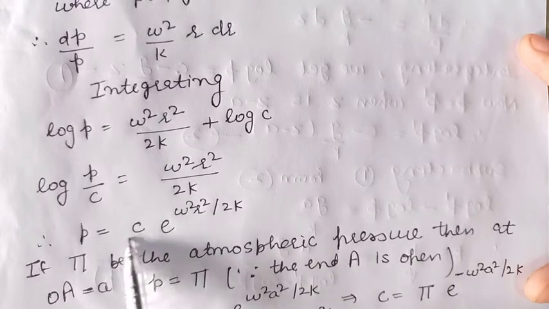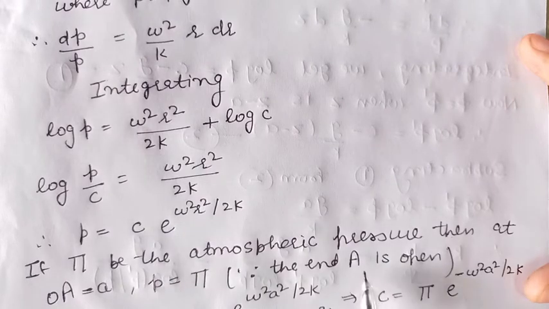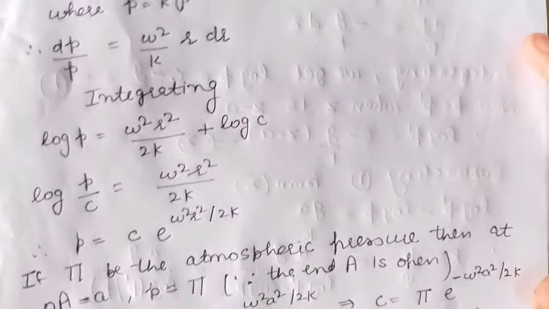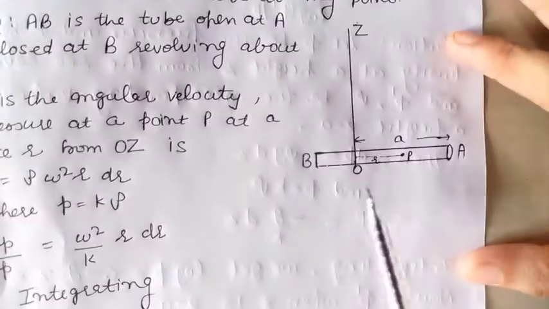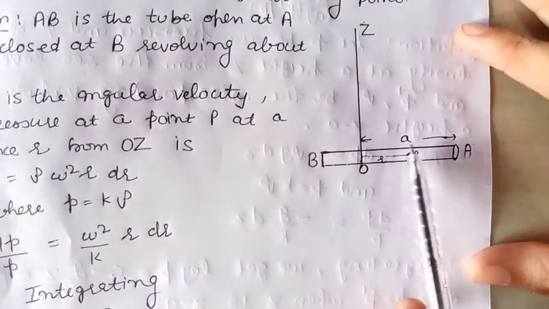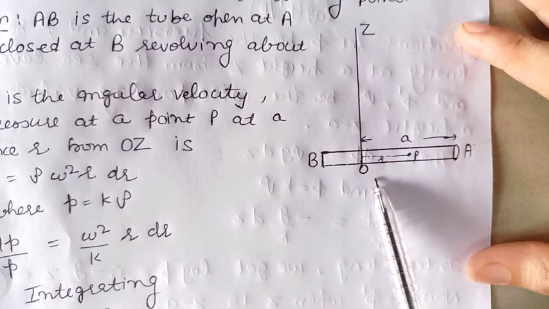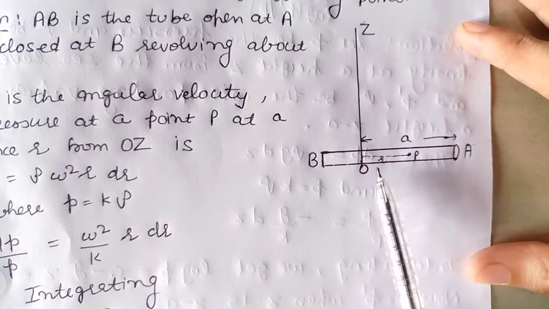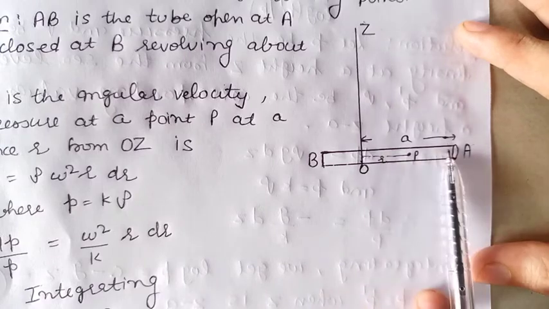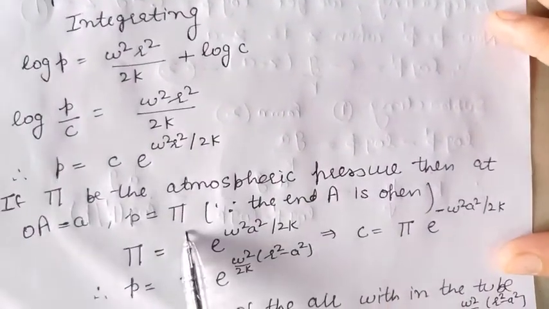Now to find the value of this constant C, because the end A of the tube is open, at the open end the value of pressure will be the same as the atmospheric pressure. So if we consider distance OA to be A, then we can say that when r is equal to the length A, the value of pressure is atmospheric pressure.